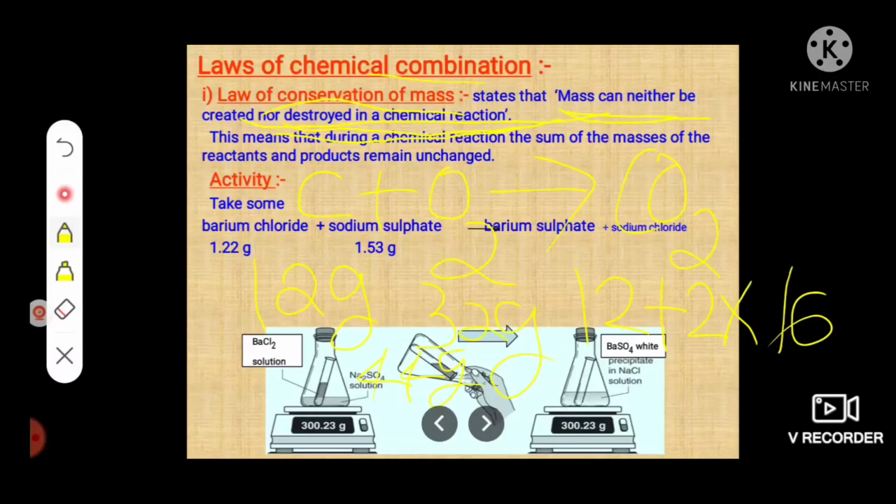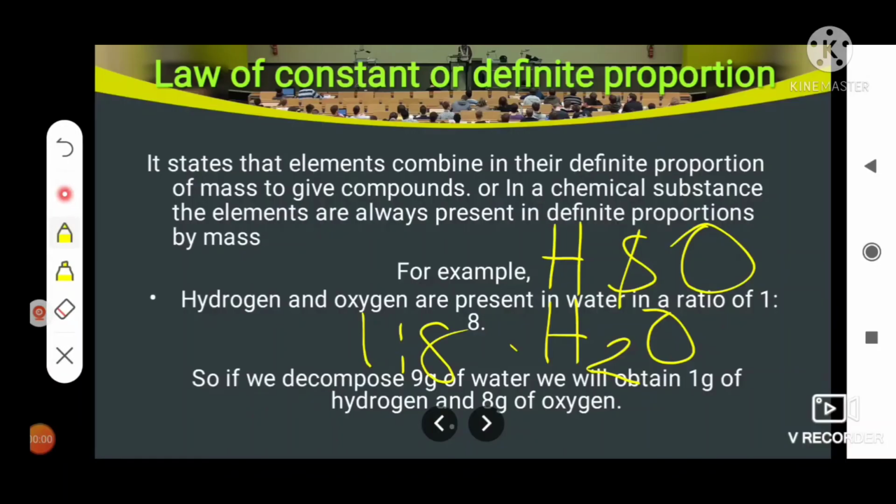Then let us check on the product side. The product is carbon dioxide, CO2. What is its mass? 12 plus 2 into 16, that is 12 plus 32, that is 44 gram. Here the mass of the reactant side and the mass of the product side are equal. That is the law. During a chemical reaction, the sum of the masses of reactants and products remains unchanged.